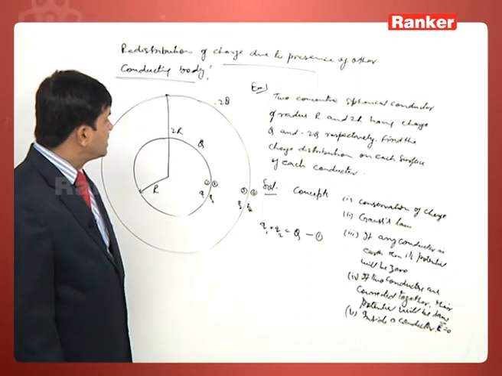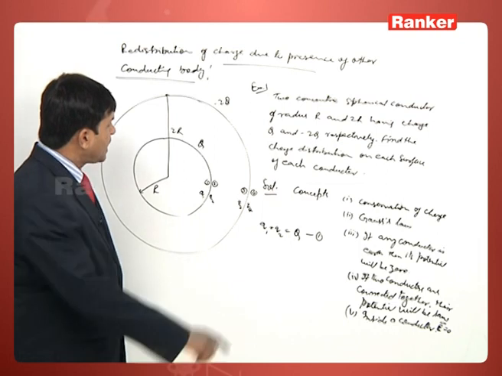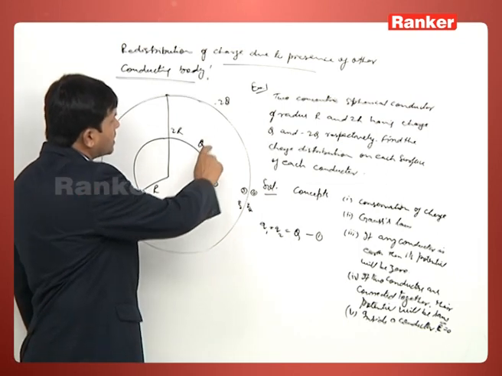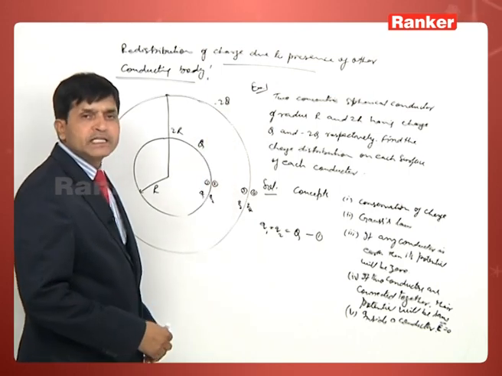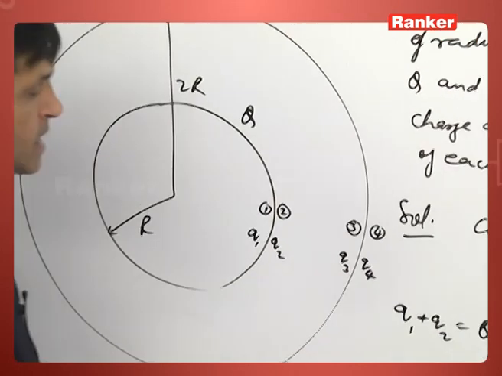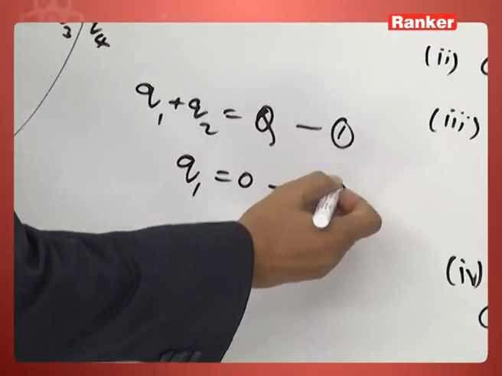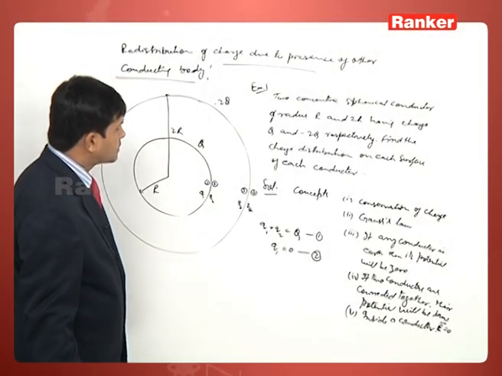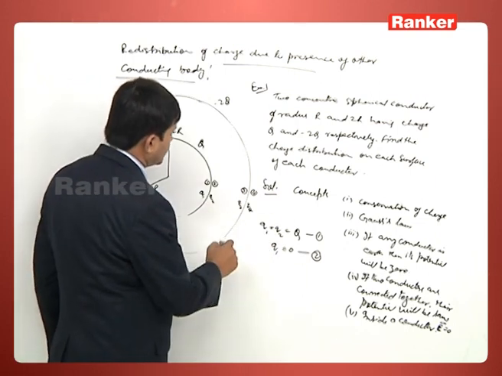As we know, inside the shell, electric field is always 0. So at point 1 there is no electric field either due to the charge Q or due to the charge minus 2Q. So no electric field, so no polarization of charge, no redistribution of charge. So Q1 value will be here 0. This is your second equation. We can say Q1 is equal to 0. So from Q1 0 we got Q2 is equal to Q. This is the one point.